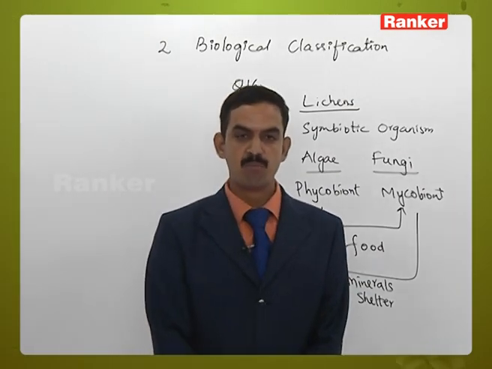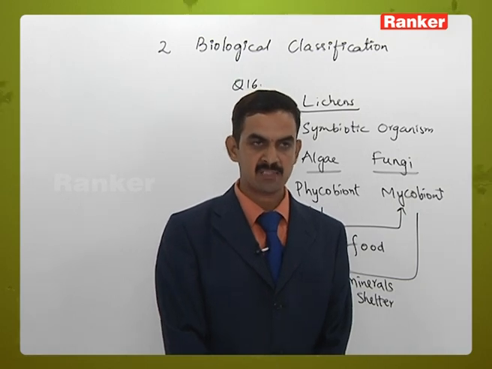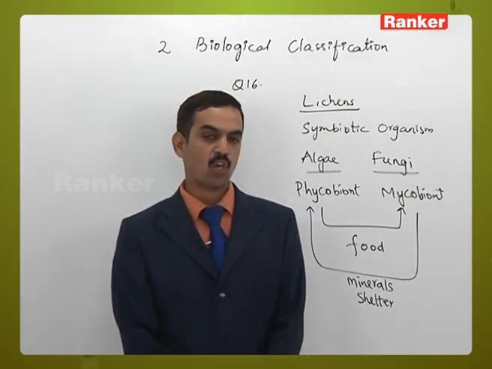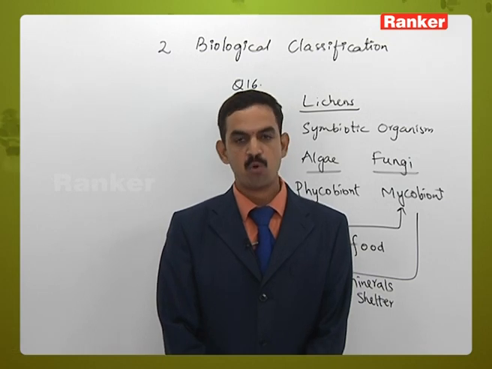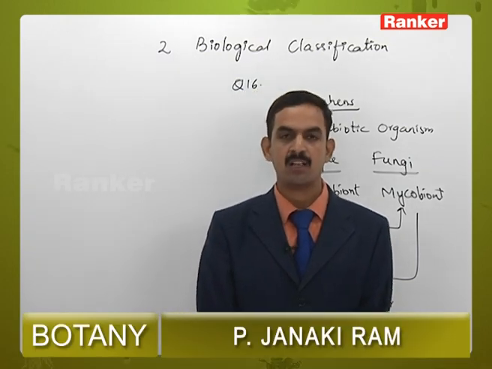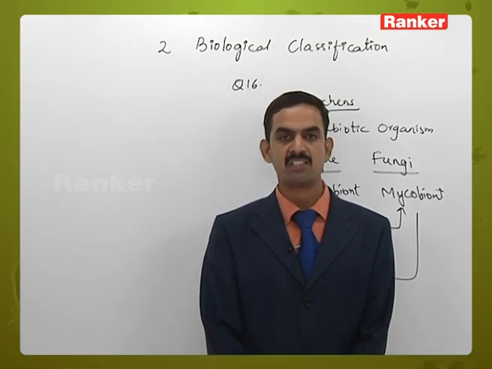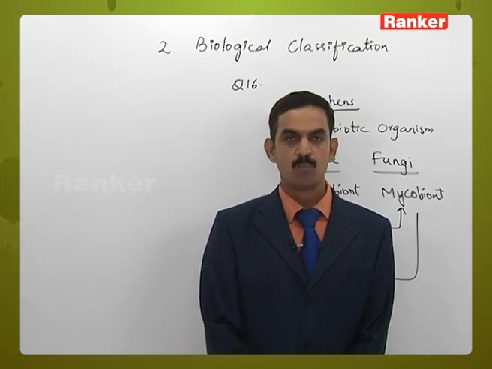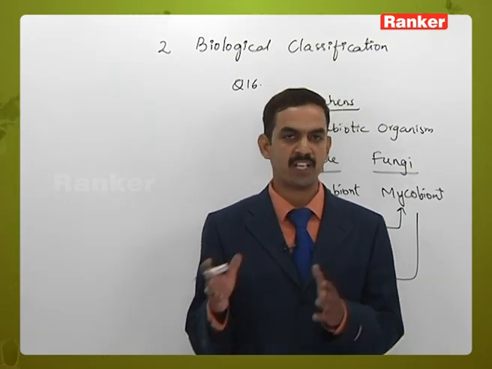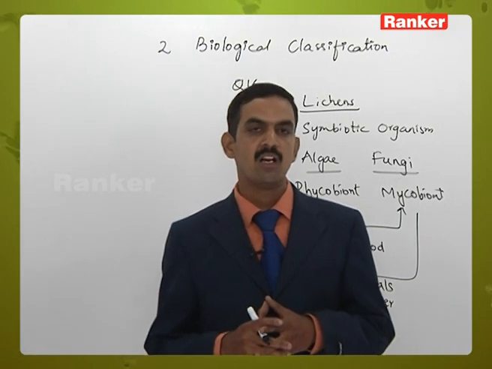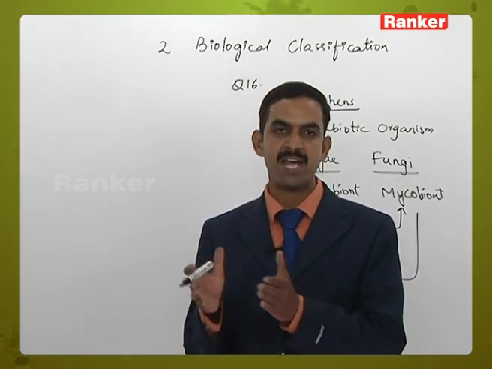So, these are some important characters regarding lichens, and it has some ecological importance also. That is, lichens are pioneers in the ecological succession. Pioneers means the first group of organisms which colonize a bare rock or bare land.